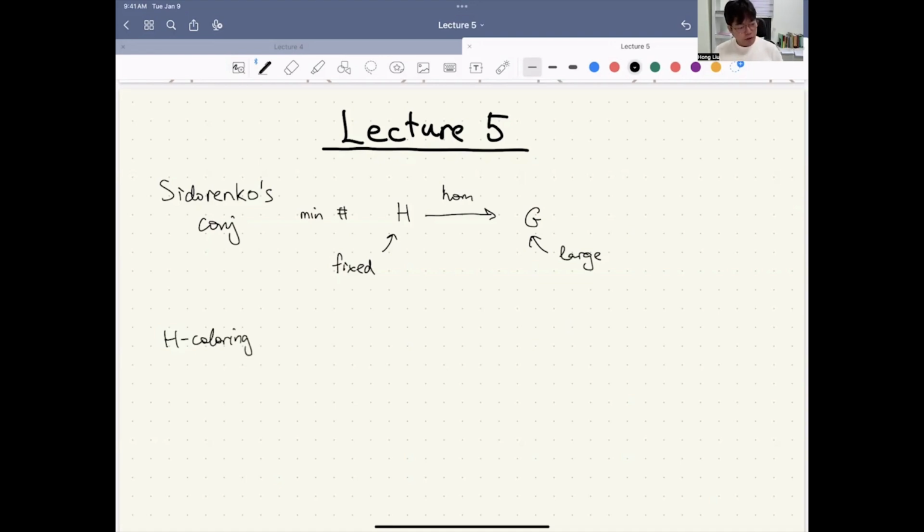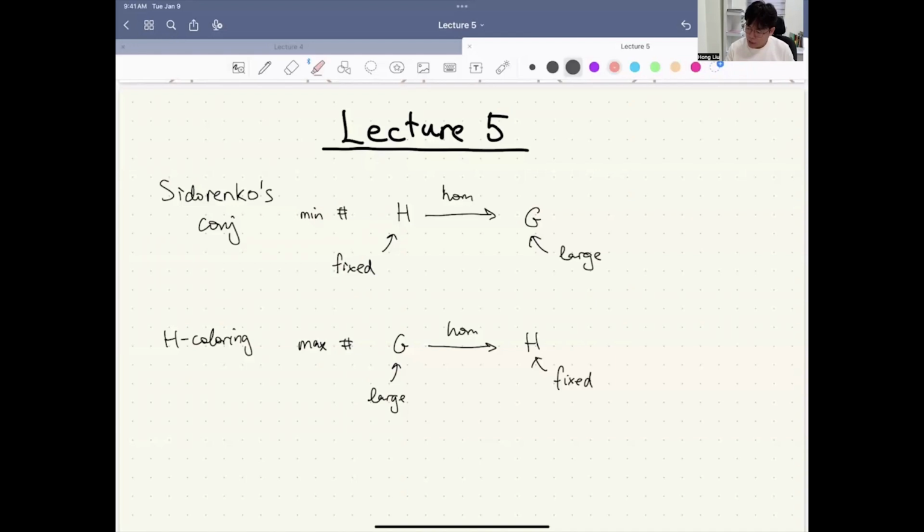We start with a large graph G, and we want to maximize the number of homomorphisms from a large graph G, well, not necessarily large, to a fixed graph H. The other way. So this problem is called H coloring.